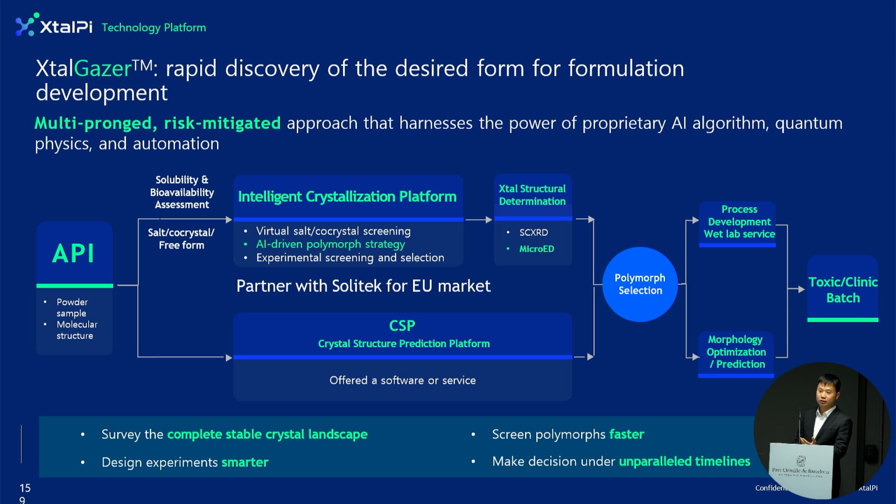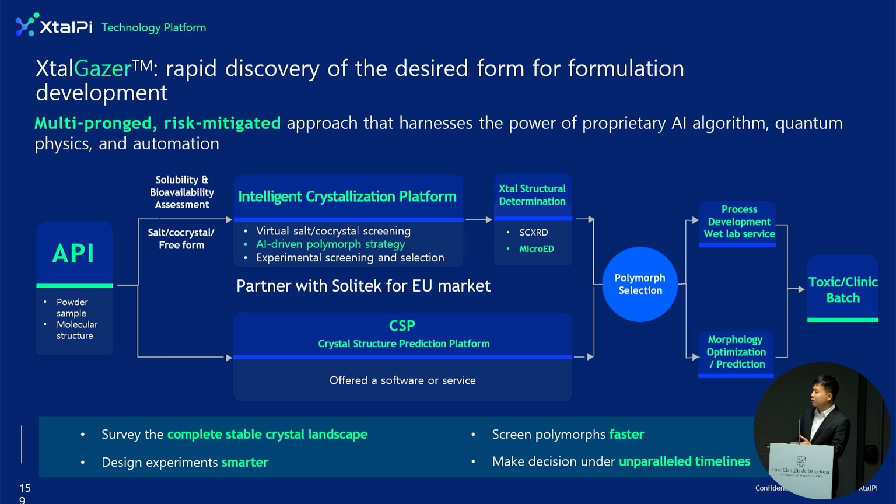The recommendation includes the solvent, the method, and even sometimes the temperature. And then the experimental work can be executed in the traditional way by scientists or by the XtalPi automation platform in-house. And then as for the structure determination part, we can use single crystal XRD and MicroED together to solve any crystal structures we have interest in.